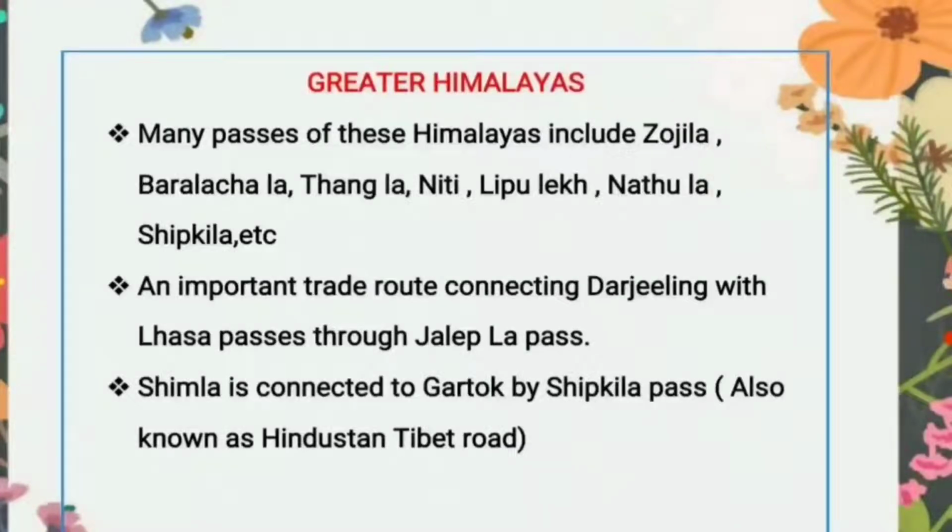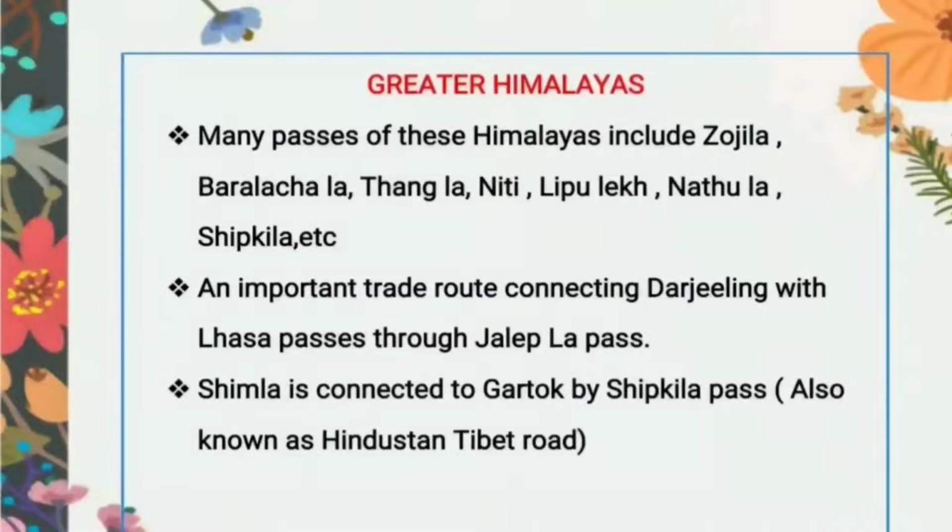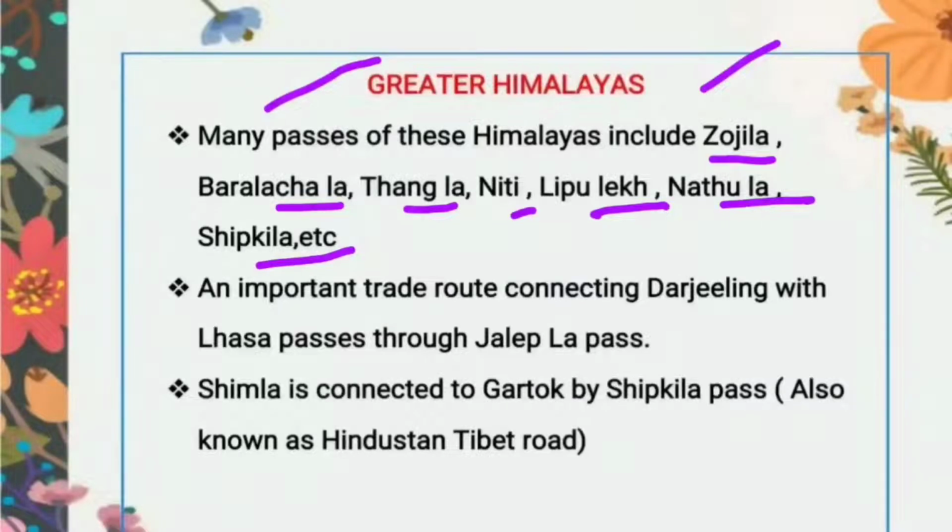And there are other passes in these Himalayas that are quite difficult to cross: the Zojila Pass, the Baralacha, the Thangla Pass, Niti Pass, Lipu Lekh, Nathula, Shipkila, which connect the Greater Himalayas through different states, some through Sikkim, some through Ladakh, some through Himachal. These are the different passes, but crossing is very difficult because most of the time these mountains are covered by snow.